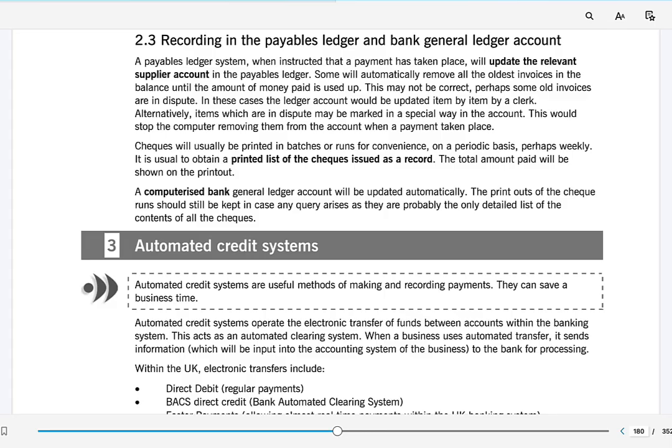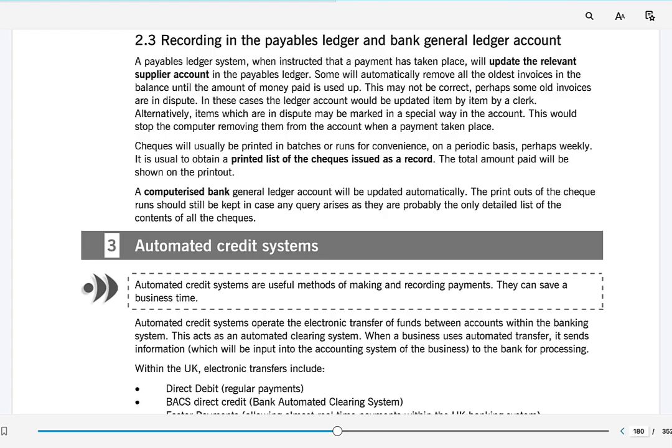Quick classroom recap of Lesson 2.3. Now let's summarize the full lesson clearly. When payments are recorded in a computerized payables ledger: 1. The supplier account in the payables ledger is updated. 2. The system may automatically allocate the payment to invoices, often starting with the oldest invoices. 3.